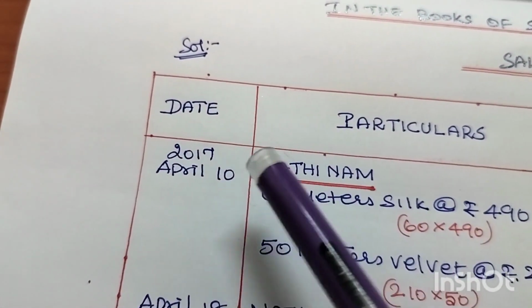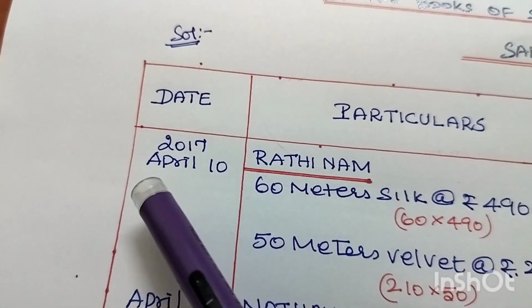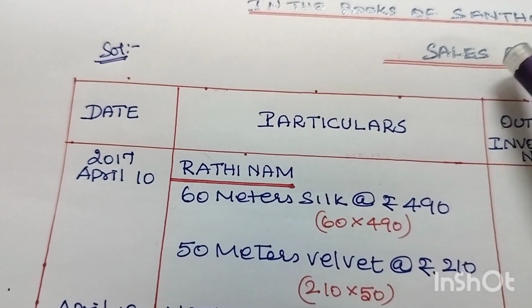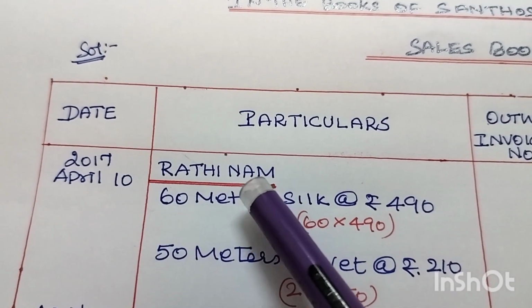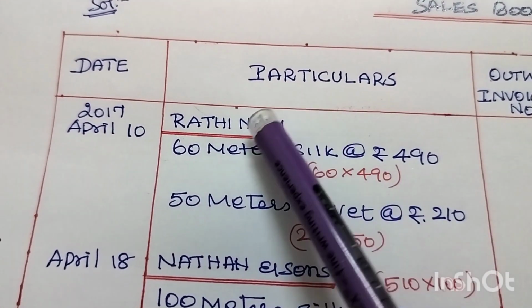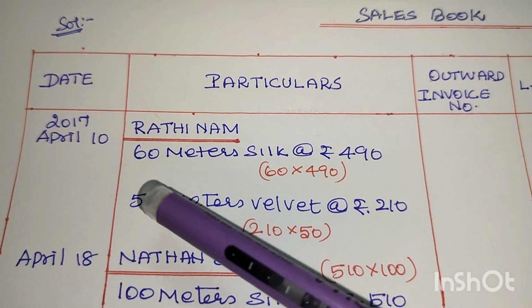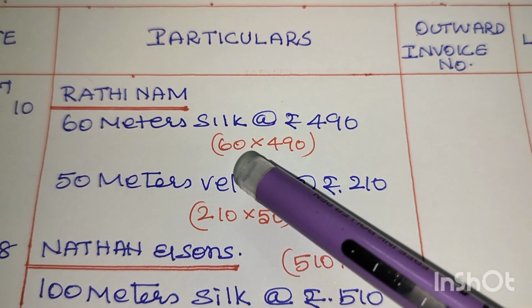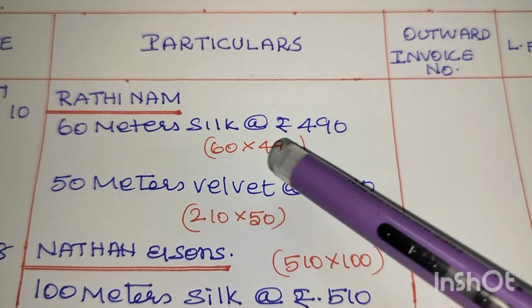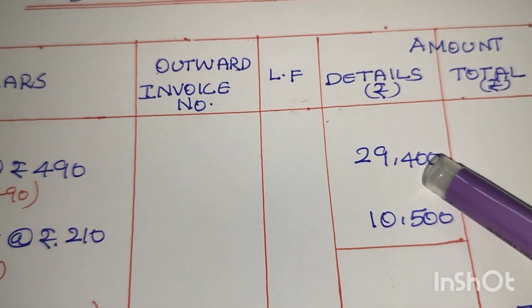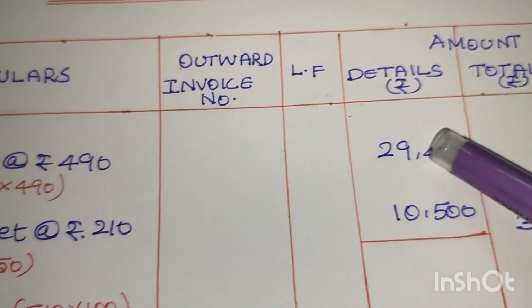In the date column, we have to enter 2017 April 10. Who is the customer? In sales book, we enter the customer name. The detail of the product is 60 meter silks at rupees 490. How do we calculate? We have to multiply 60 into 490. We got 29,400, entered into detail column.